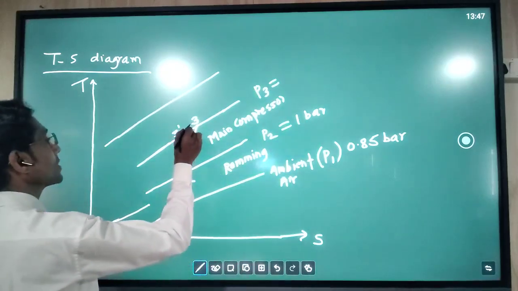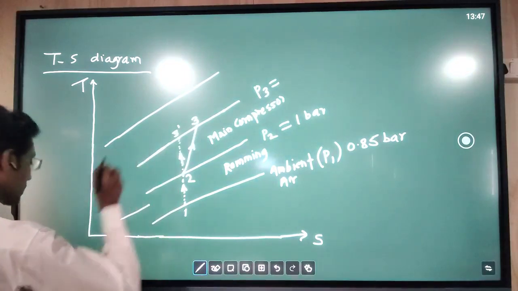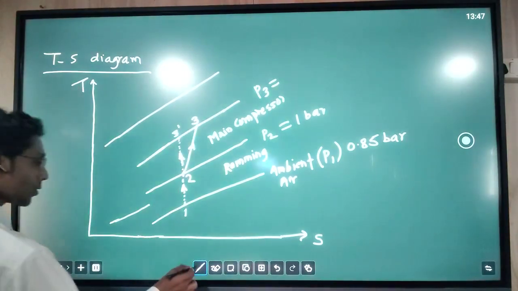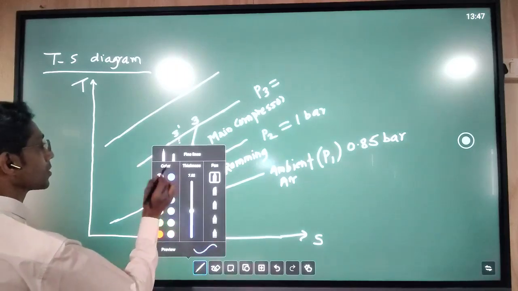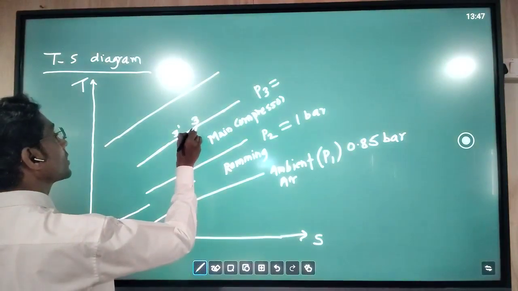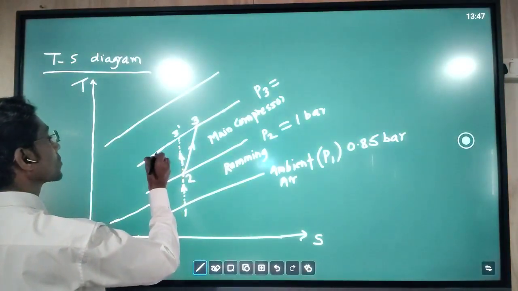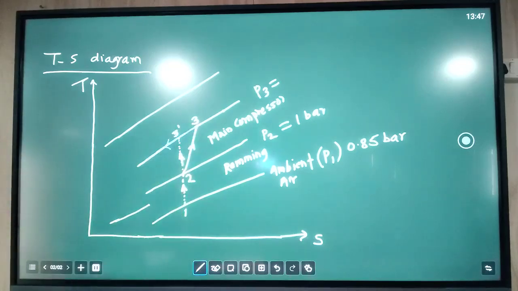Now onwards, this point 3, after the exit of the compressor, then comes the heat exchanger. For the heat exchanger, it is a heat removal process. So we take this 3 to 4 process as heat removal. That is why this line is coming back. Here temperature is reduced.